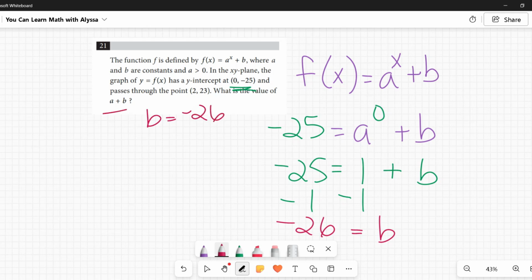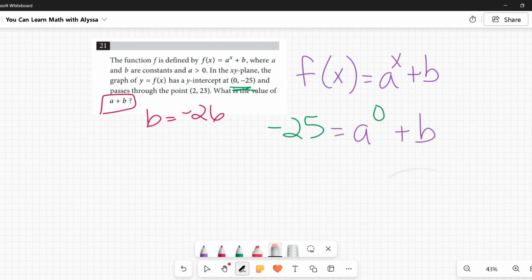But my final end goal is to determine the value of a plus b, so I need to solve for a. Well, now I've got my b, that is negative 26. So I'm going to start with this same equation again, and we're going to plug things in that we know using the second ordered pair, 2 and 23.